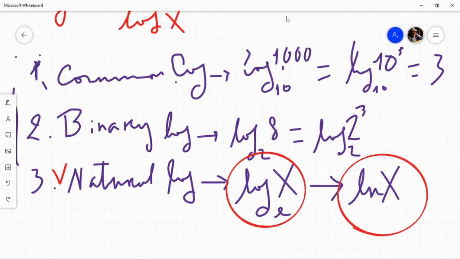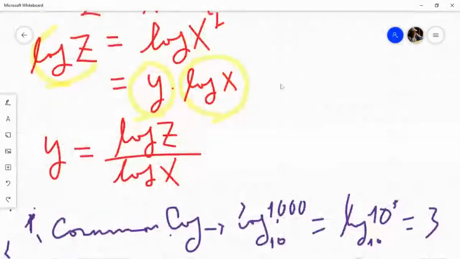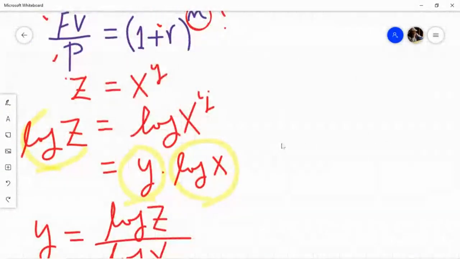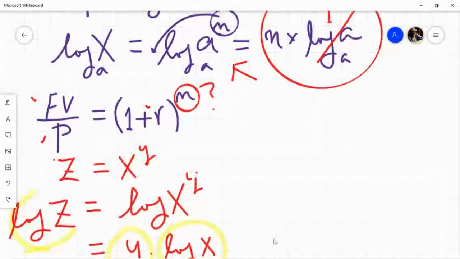And the reason, as I said, is that if you use common log or binary log, you are generally limited in your choice. In other words, think about it.